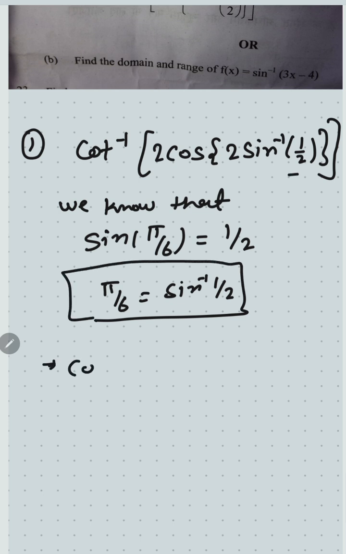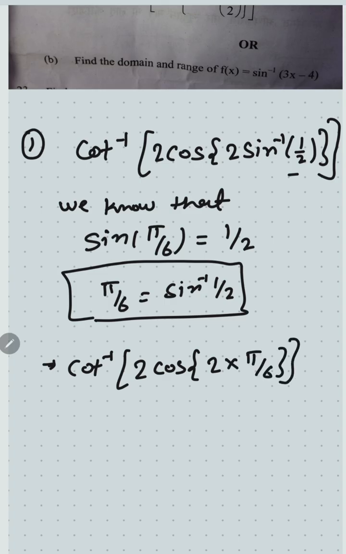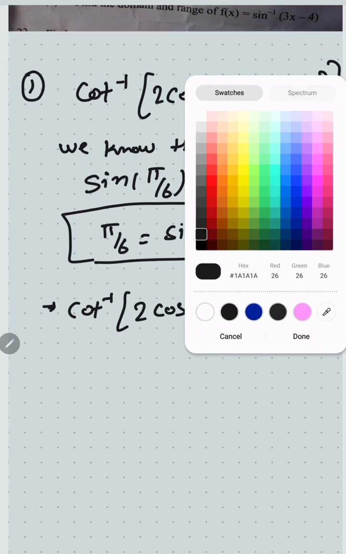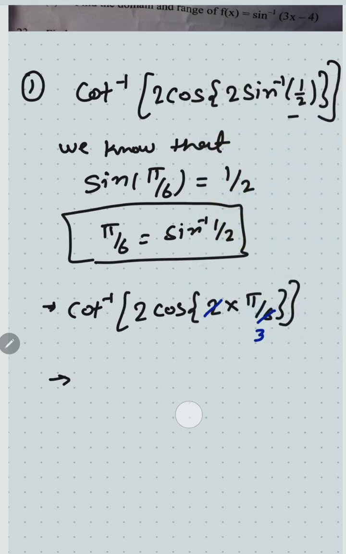Then cot inverse twice of cos 2 of π/6. Then this number will be cancelled, 3. Then cot inverse of twice of cos π/3.